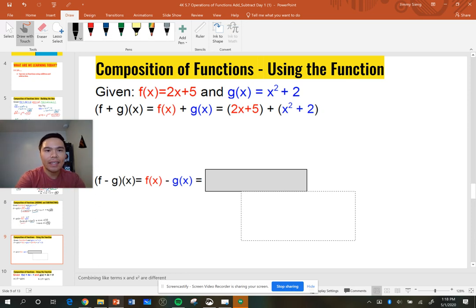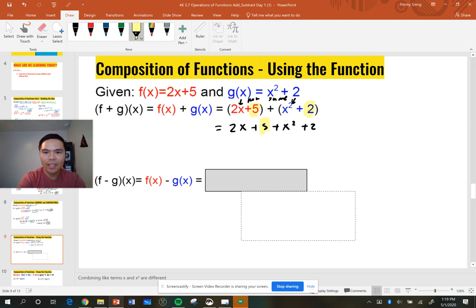Again, I'm going to combine the like terms. Notice how this x and this x are not the same. So I can't combine those, but I can combine the 5 and the 2. So what I should have is 2x plus 5 plus x squared plus 2.